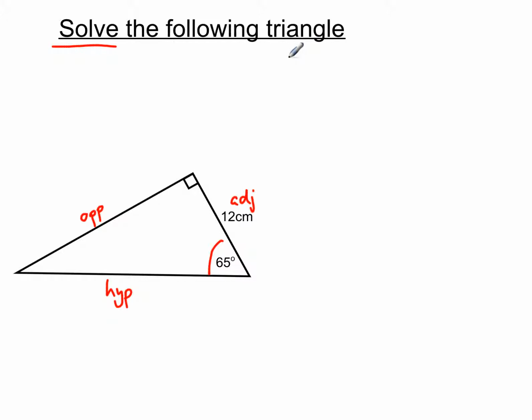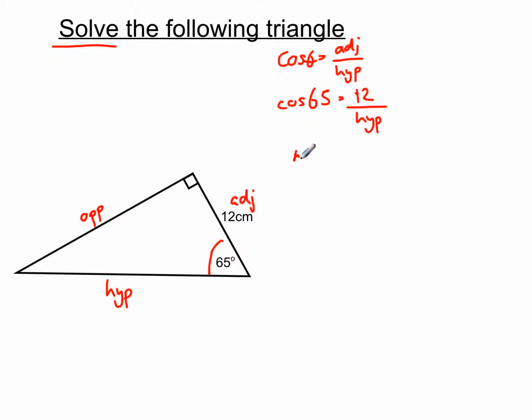Which one is that? Well, that's cosine once again. So the cosine of theta is equal to the adjacent side's length over the hypotenuse side length. So cosine of our theta, 65, is equal to our adjacent, which is 12, over hypotenuse.